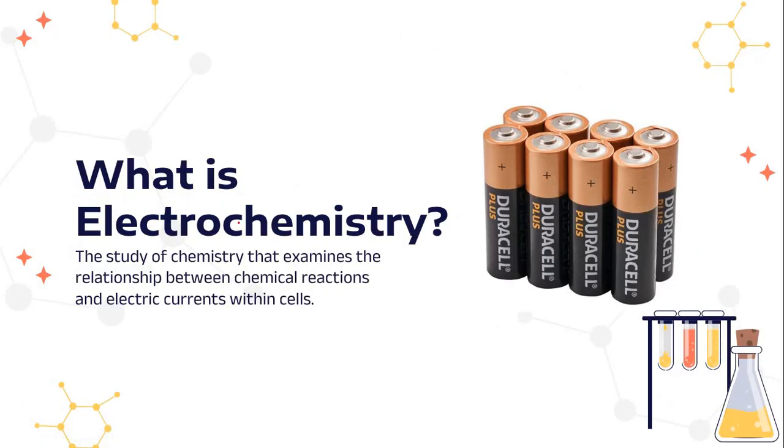Okay, we will start with the definition of electrochemistry. What is electrochemistry actually? Electrochemistry is a study of chemistry that examines the relationship between chemical reactions and electric currents within cells. So there are two keywords that you have to remember about electrochemistry: chemical reactions and electric currents.